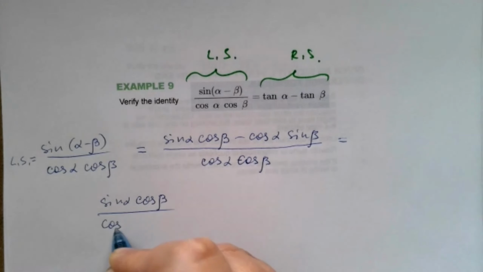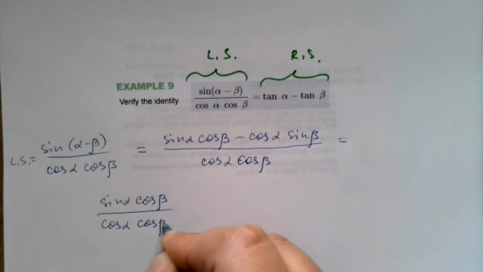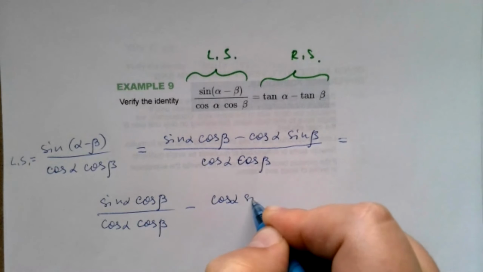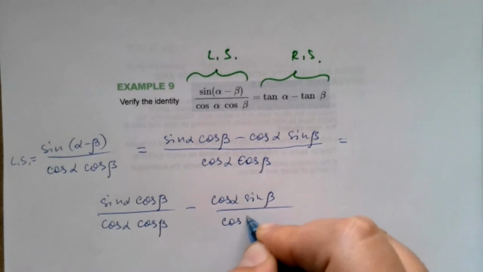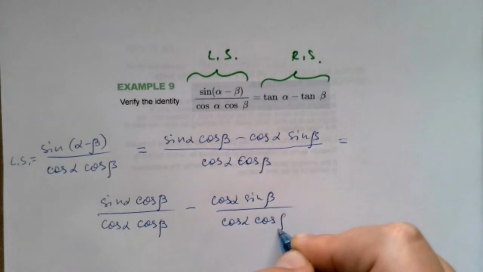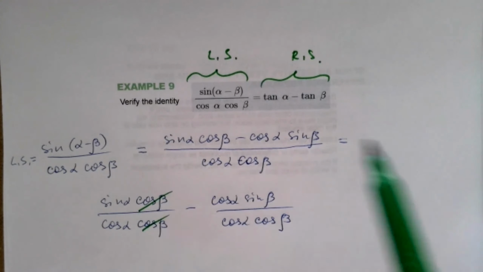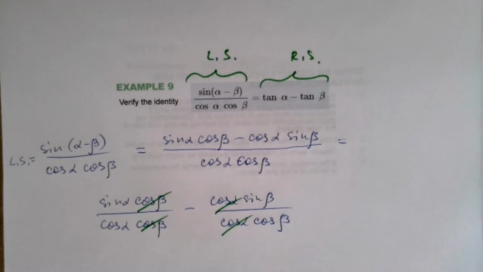Separate them into 2 fractions with the same denominator. And now I can cancel out. So now I can cancel out cosine beta, and then cosine alpha. What do I have left?